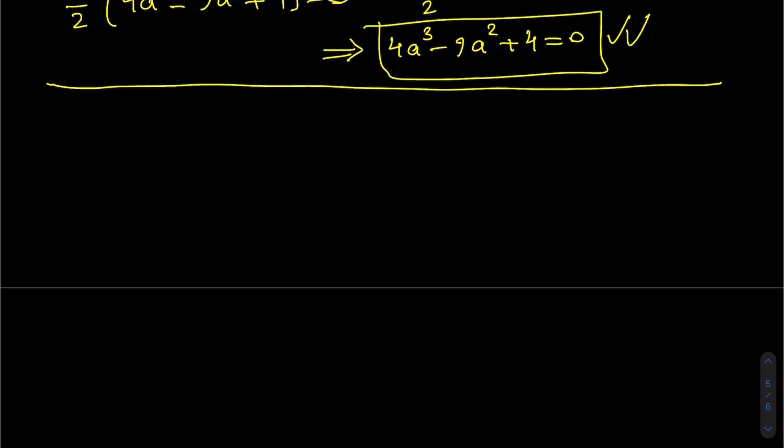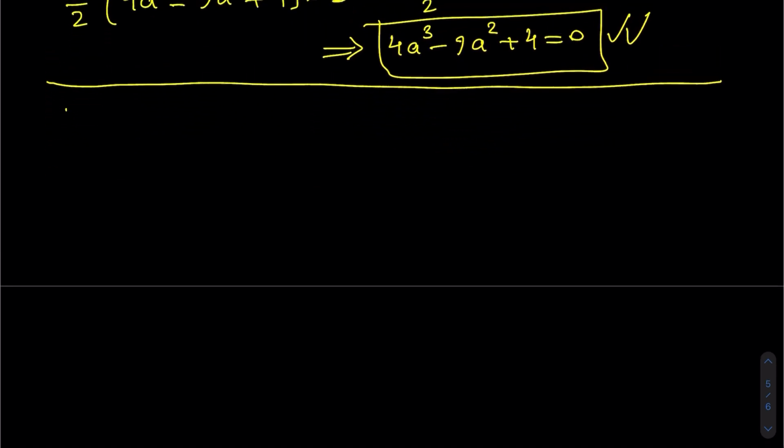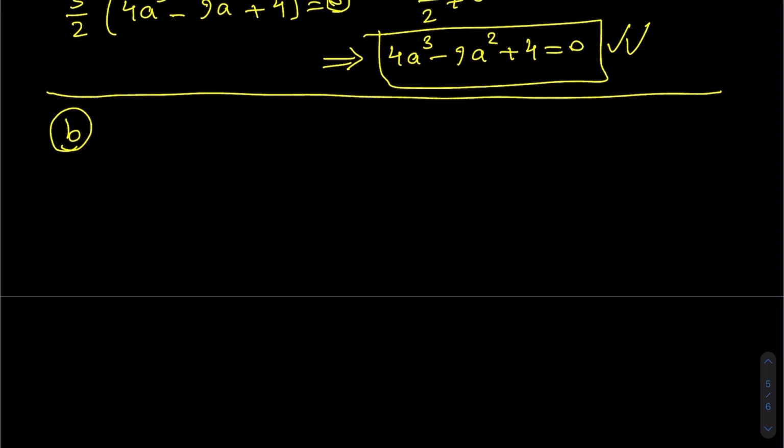So let's say part B, we are supposed to find the values of a. What are the values of a? And since this is a cubic expression, we have three possible values for this equation.